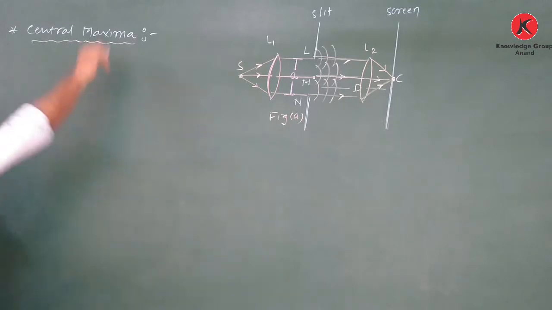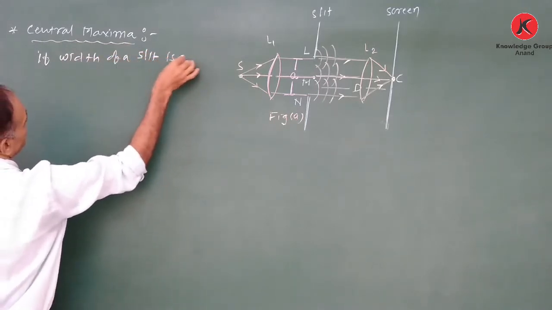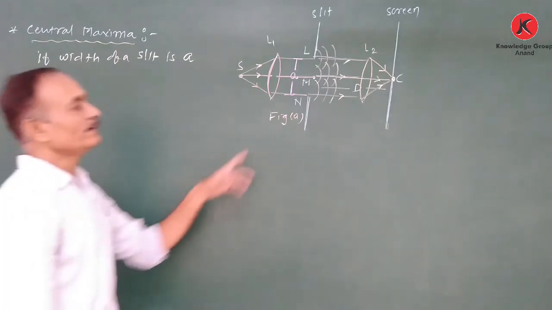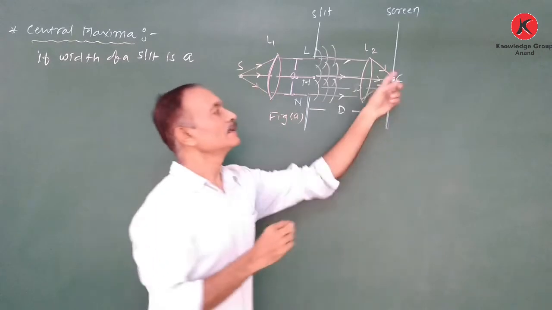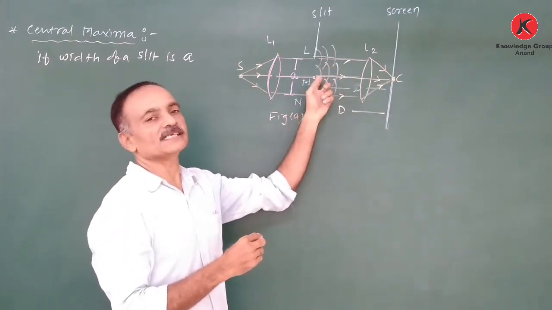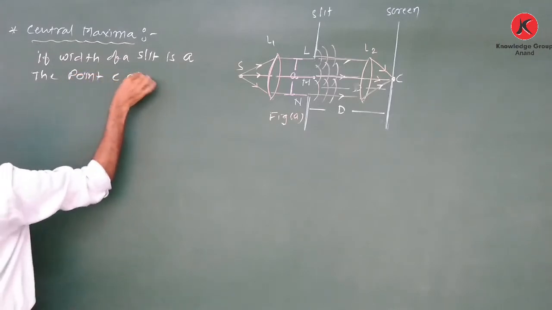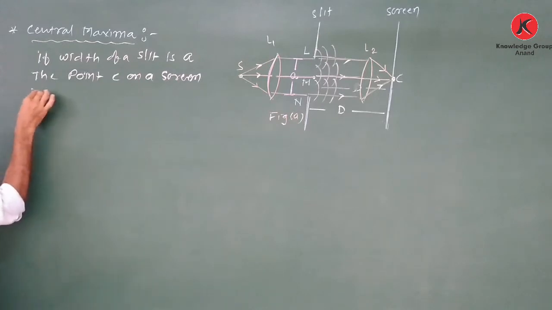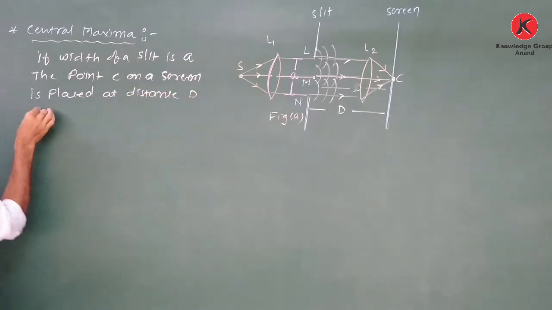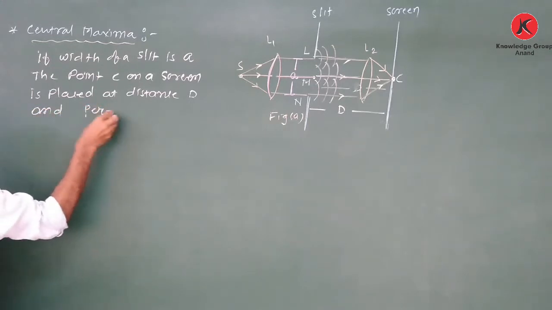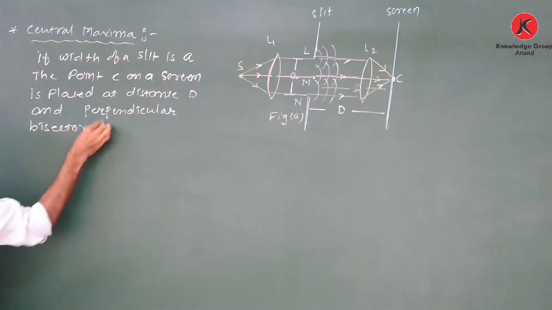Okay. Now for that central maxima, the width of the slit is small, e, and the point C on the screen is placed at distance D, on the perpendicular bisector of the slit.